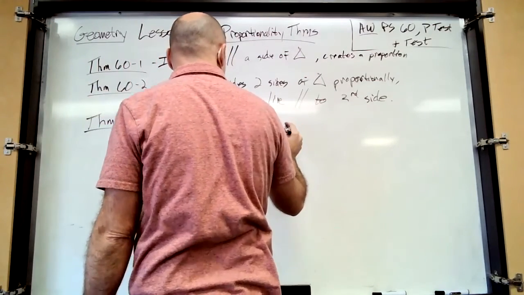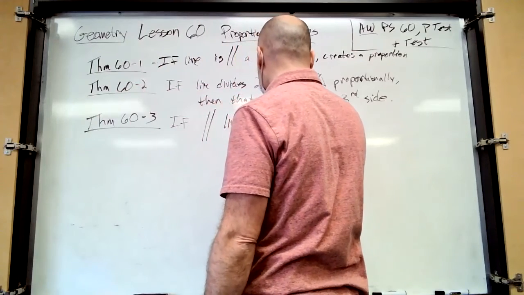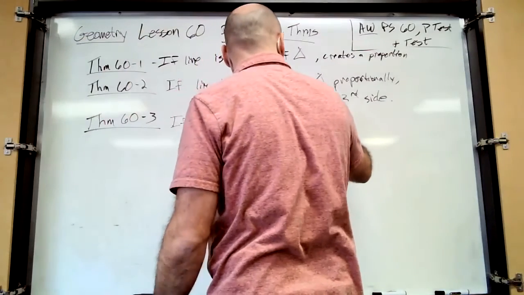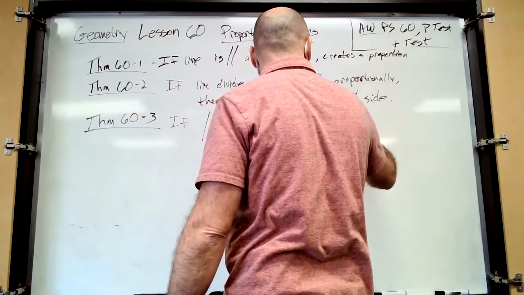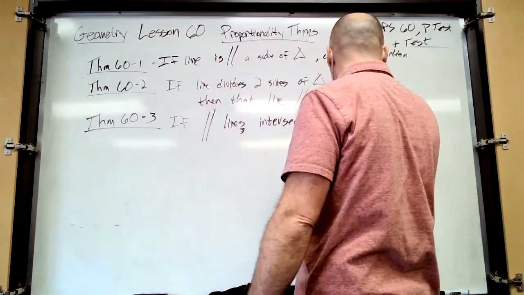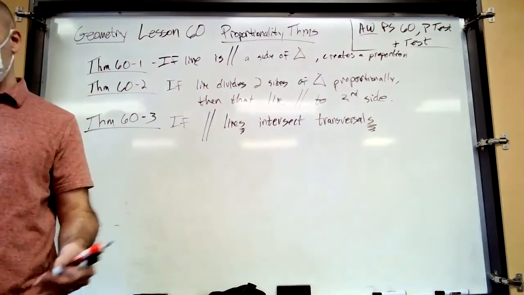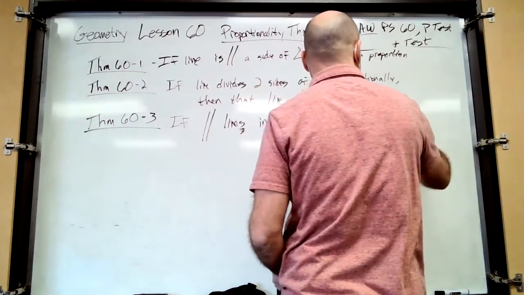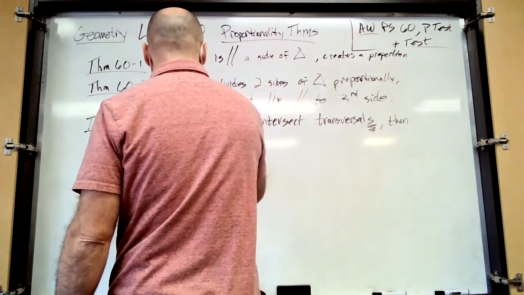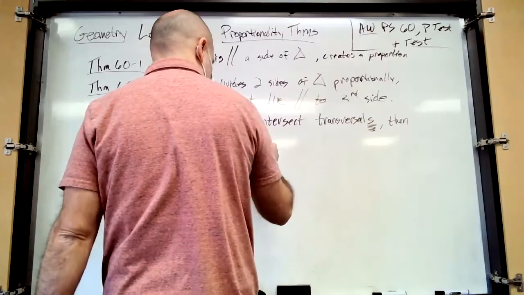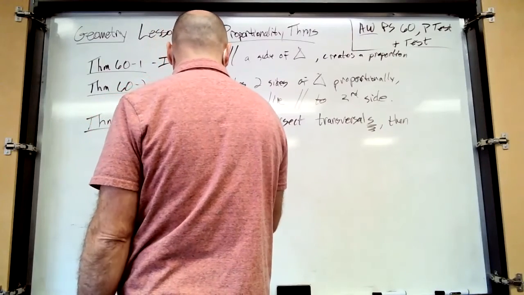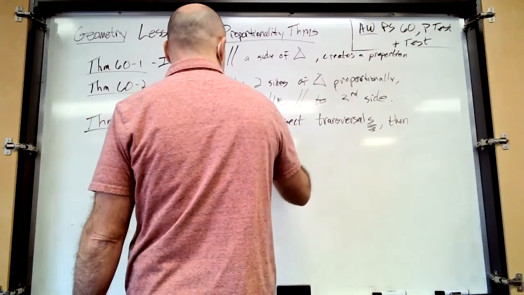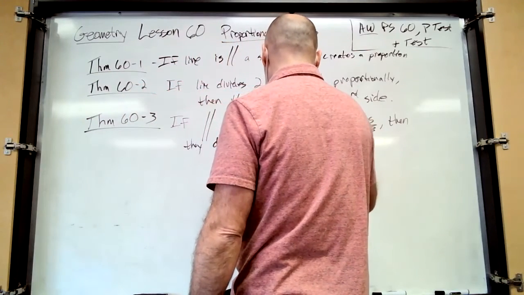So underline the S in lines. If the parallel lines intersect transversals, underline the S in transversals, so it's more than one, then they divide the transversals proportionally. Basically, they create a proportion. So I'm going to show you a diagram and it'll make a bunch of sense.